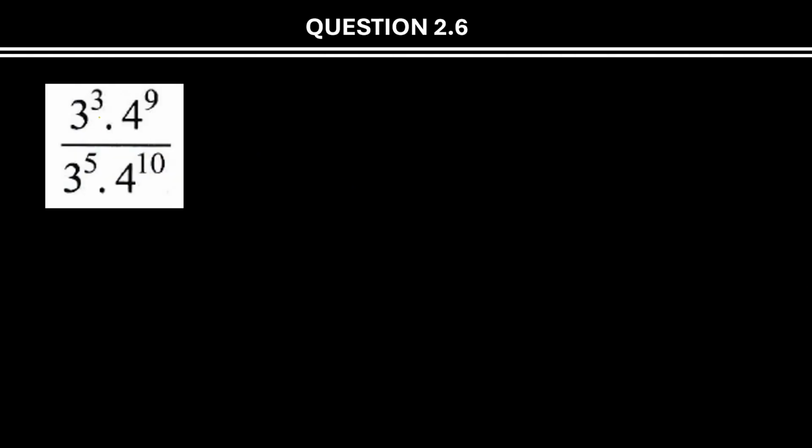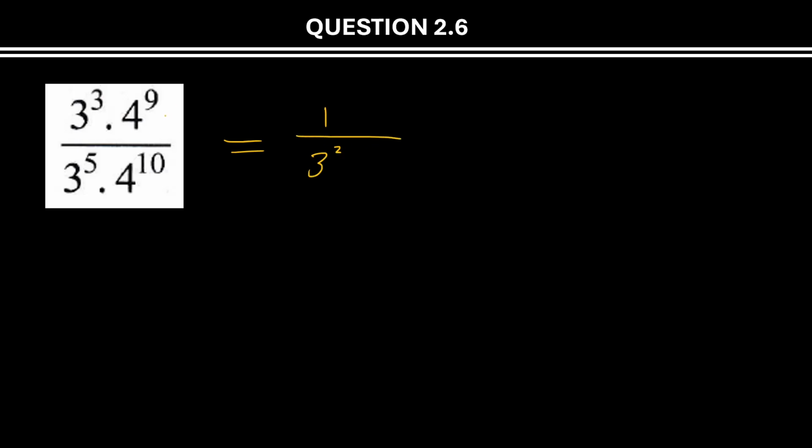And then question 2.6. In this case, again, the exponent in the denominator is bigger. So 3 3's at the top, 5 3's at the bottom. If 3 cancels with 3 at the bottom, you'll be left with, let's put a placeholder 1 for now, then 3 squared.